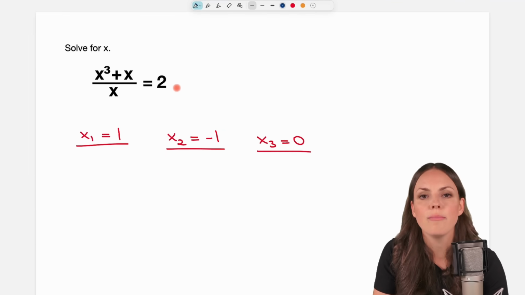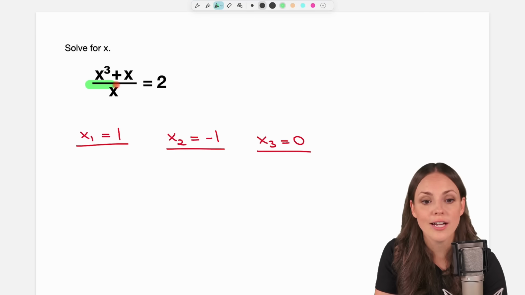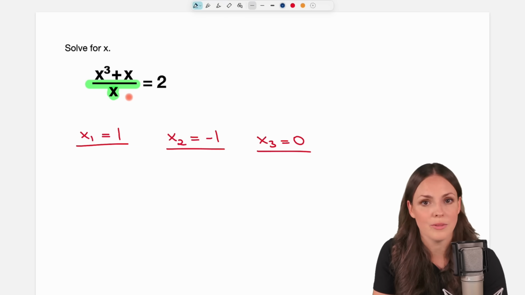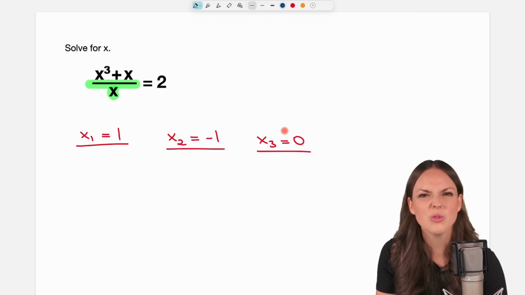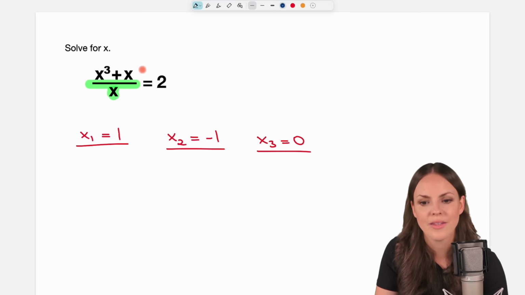Why do I say possible solutions? Well, we had a fractional equation where x is in the denominator, and it could happen that we divide by 0, which is not allowed. So now we have to check if these are really solutions for the original equation.